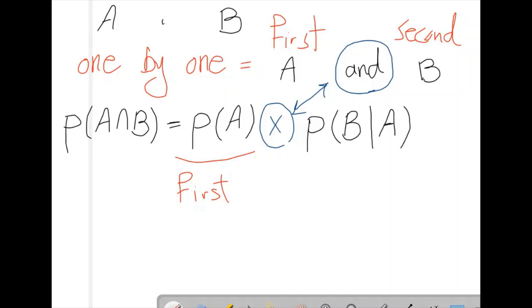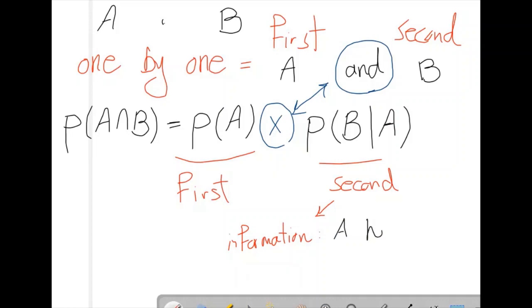So B is the second one. So we have information. What is that information?